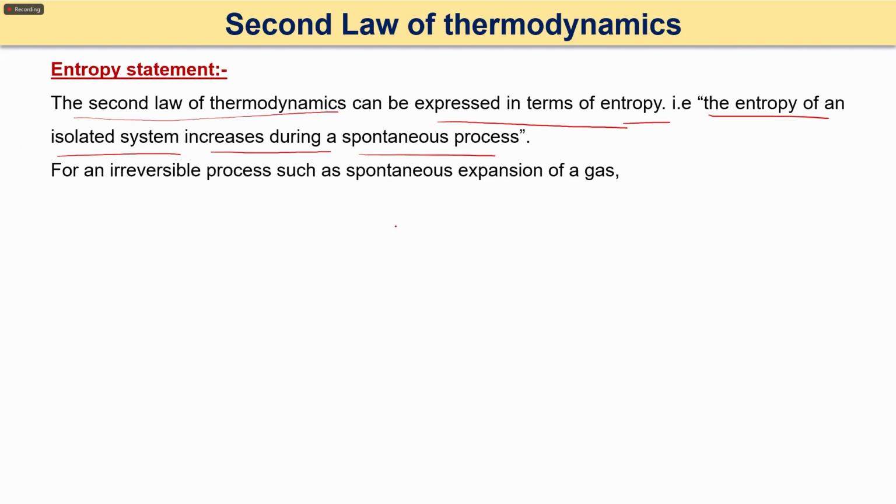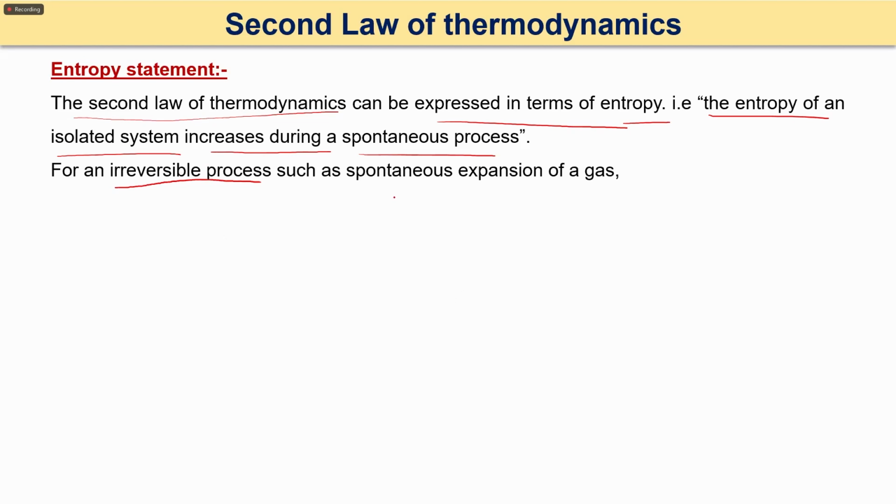So what it says is that if you take an isolated system and it is undergoing a spontaneous process, then the entropy of the system will always increase. That means if your process is spontaneous and your system is isolated, then the entropy of the system will always increase.